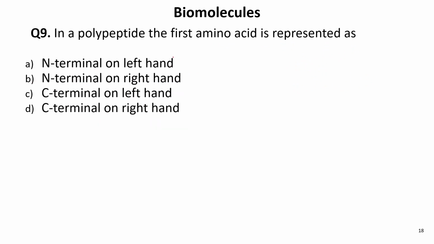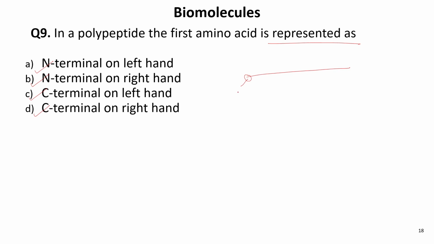In a polypeptide, the first amino acid is represented as N-terminal on the left hand, N-terminal on the right hand, C-terminal on the left hand, or C-terminal on the right hand. So if you remember, we have a polypeptide chain. Always this is the first amino acid.